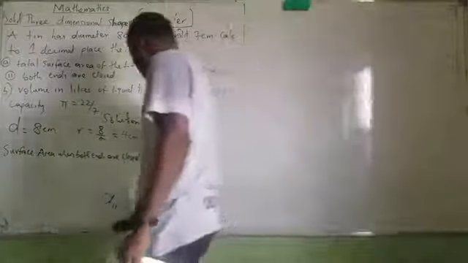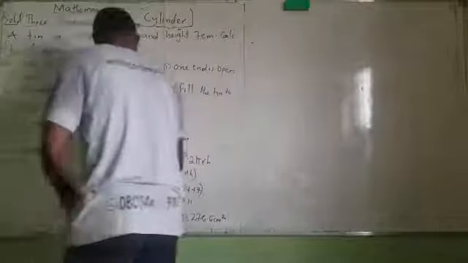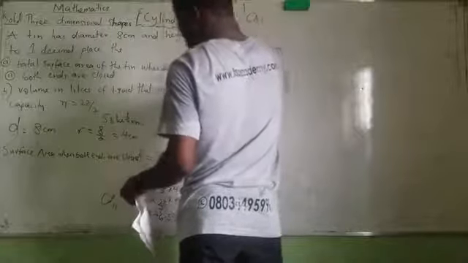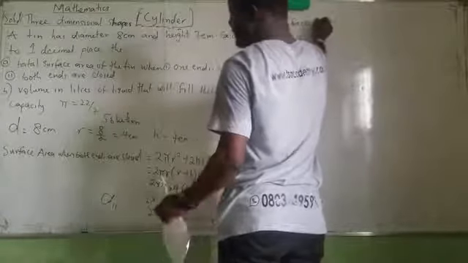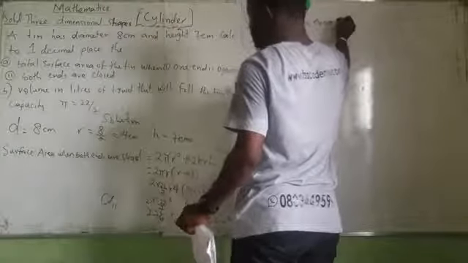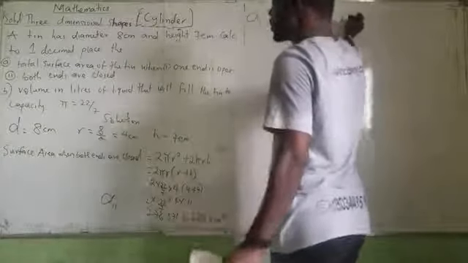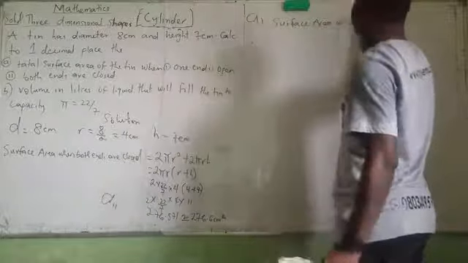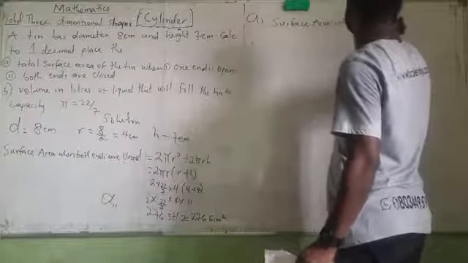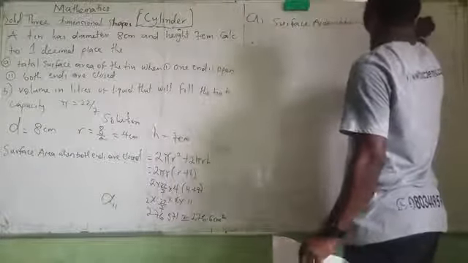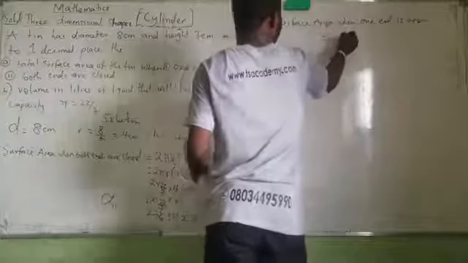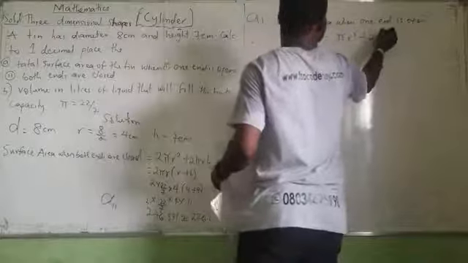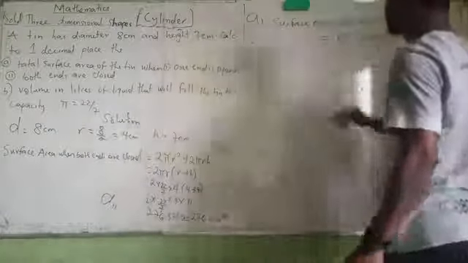Now my A1 will be the surface area when one end is open. If one end is open, it will be pi r squared plus 2 pi r h. Please take note of that.